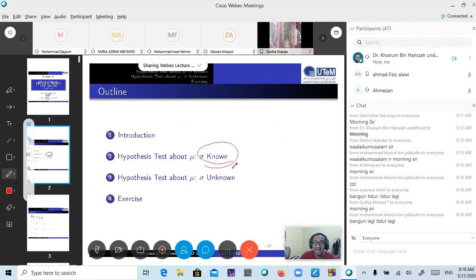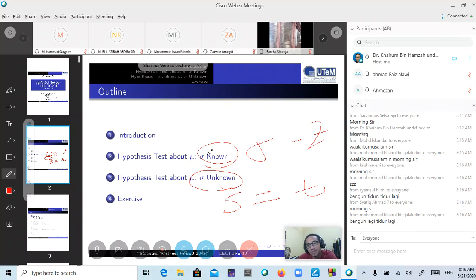The second one, S, is the standard deviation for the sample. If the question gives you S, it means that you don't know the value of sigma. So if the question has S, you need to use the T distribution. If you have the value of sigma, you can use the Z distribution. So first you need to identify. After you identify, then you see whether you want to use the p-value approach or the critical value approach.